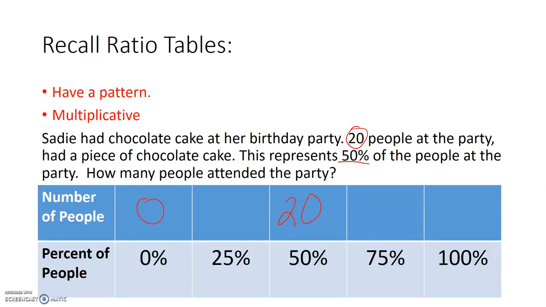So the question really is, can we fill in this table? And if so, how could I use that to answer this question? So let's first look and say, how do I get from 50 to 25? Well, I divide by 2, which means I'm going to take 20 and divide that by 2, which gives me 10.